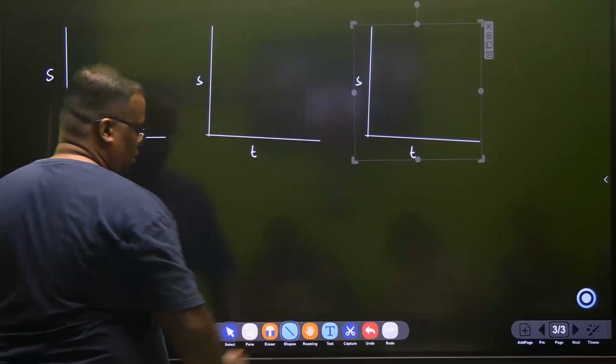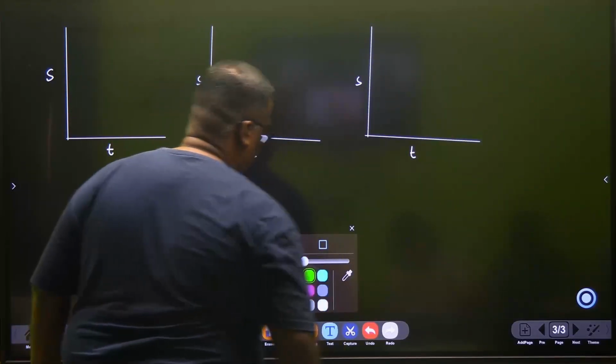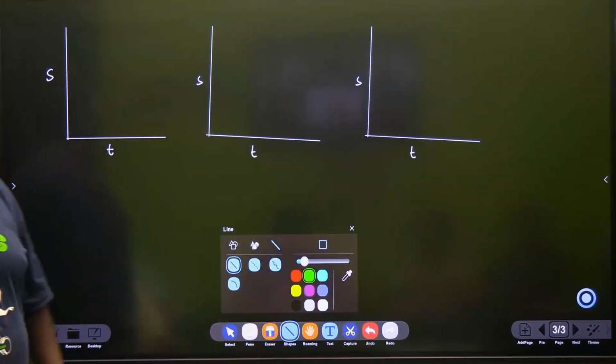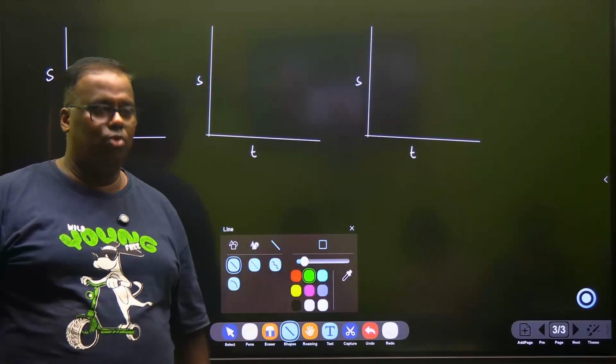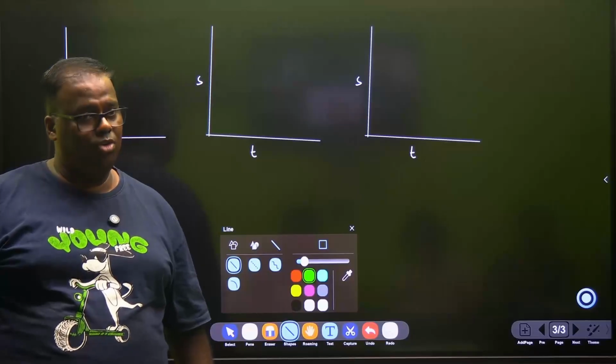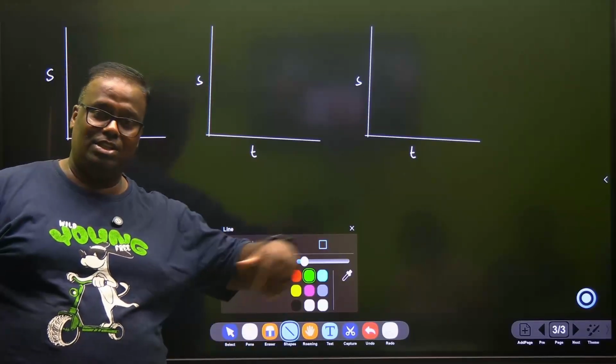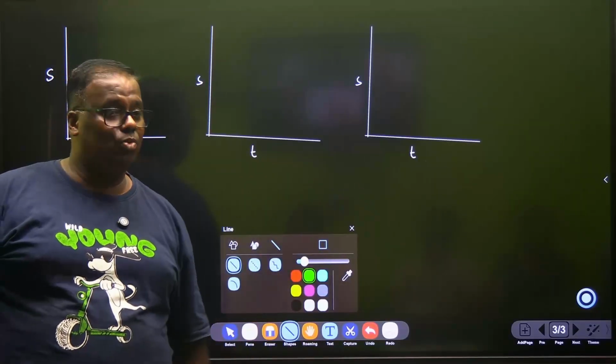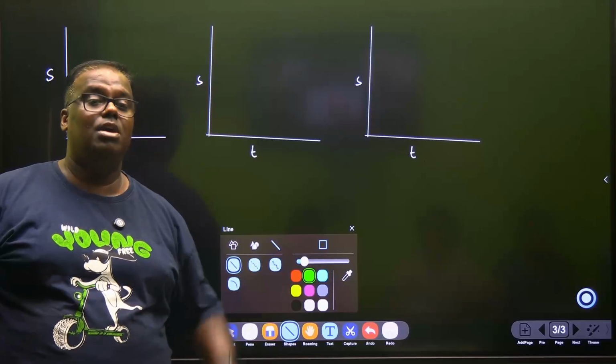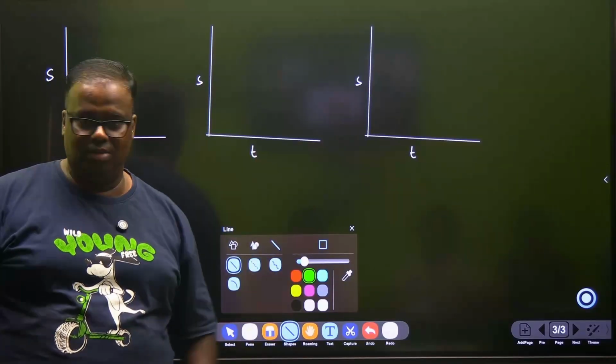Let's see some scenarios now. We have spoken about something called uniform motion. A body is said to be in uniform motion if it travels in a straight line and covers equal distances in equal intervals of time, no matter how small the time intervals are.